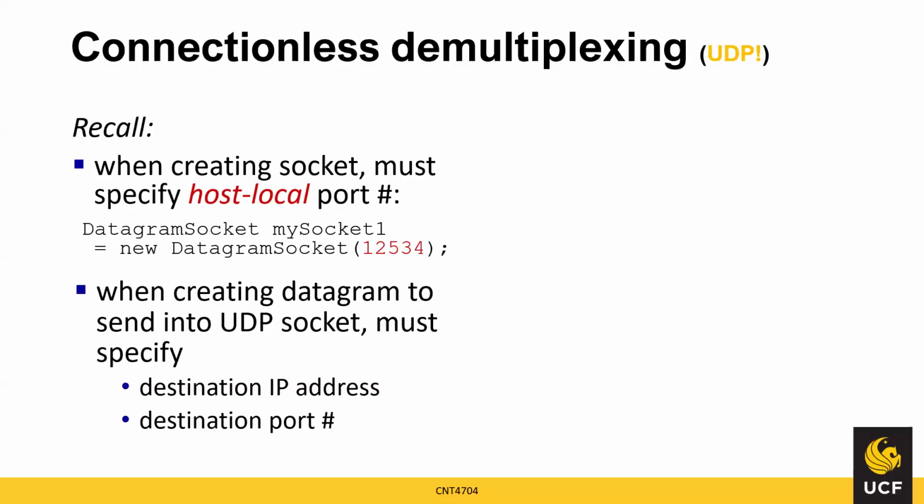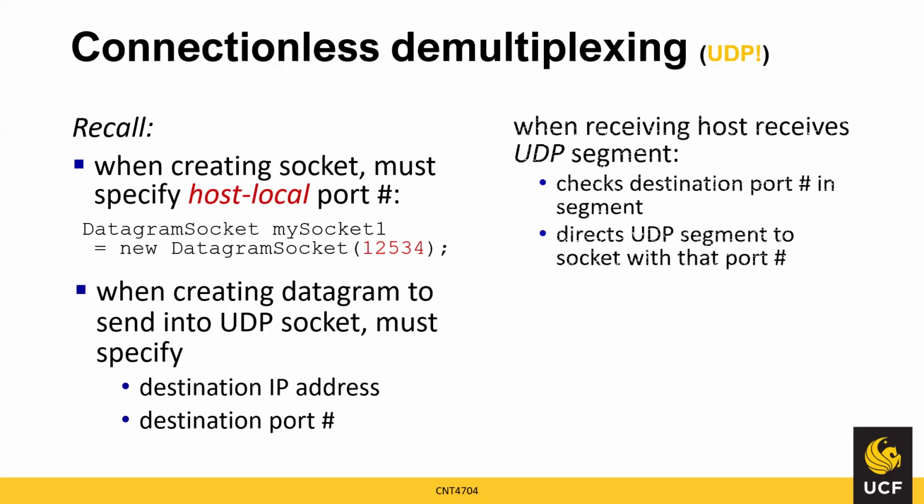When creating the datagram to send to the socket, you must also specify the destination IP address and the port number. That is important. On the receiving side, when a host receives a UDP segment, it checks the port number and directs the segment into the right socket bound to that port.